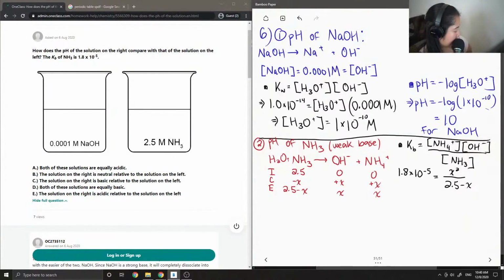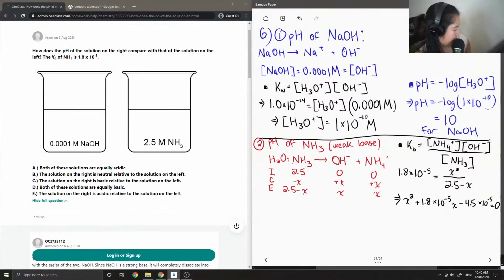So from here, we can simplify this equation to get it in quadratic formula form. Putting everything on the same line, we get x squared plus 1.8 times 10 to the negative 5 x minus 4.5 times 10 to the negative 5 is equal to 0.